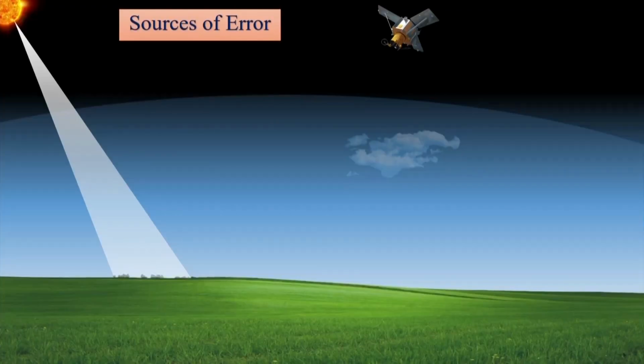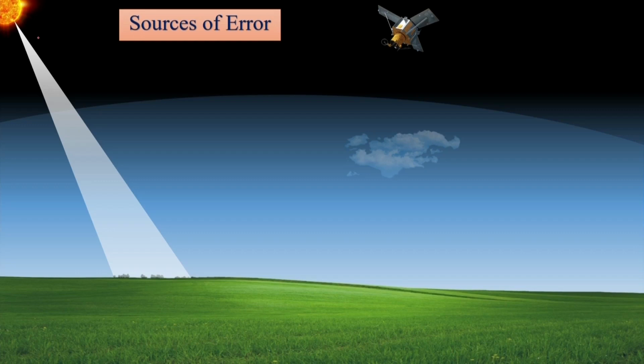Now, what are the different types of errors? First, we need to understand the source of error. The sun is continuously illuminating our surface. First thing, we have already seen the source sensor geometry.